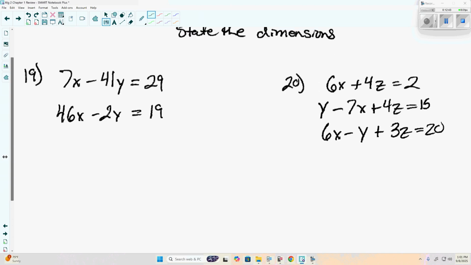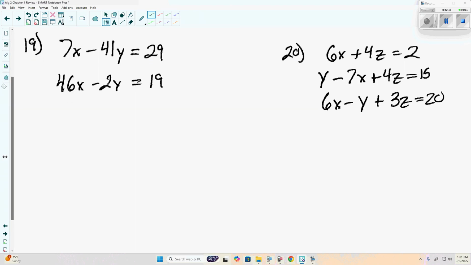Let's look at 19 through 24. Write the augmented matrix form.